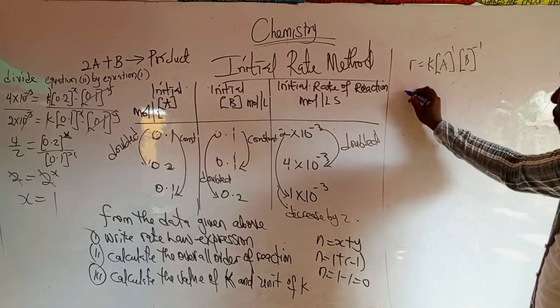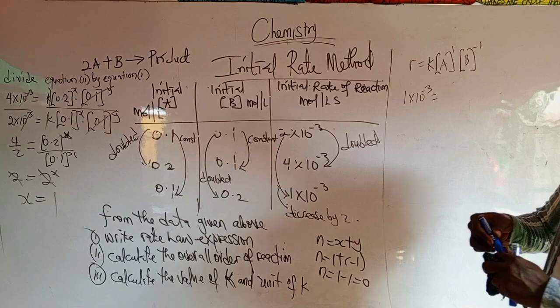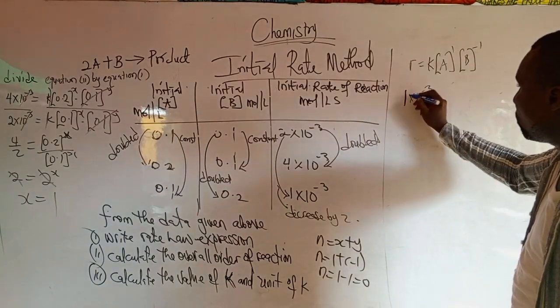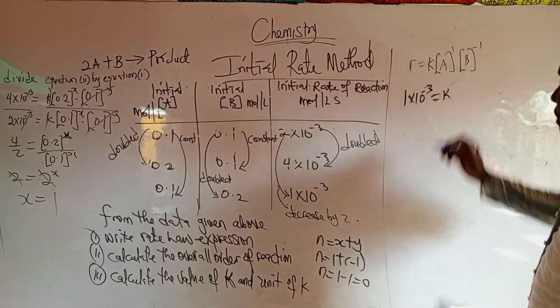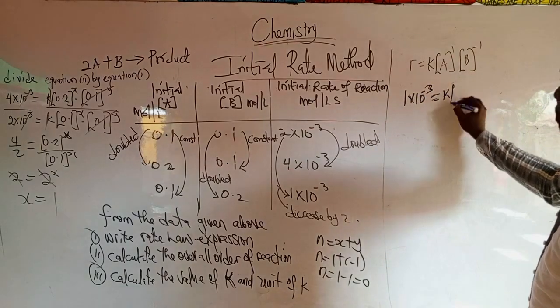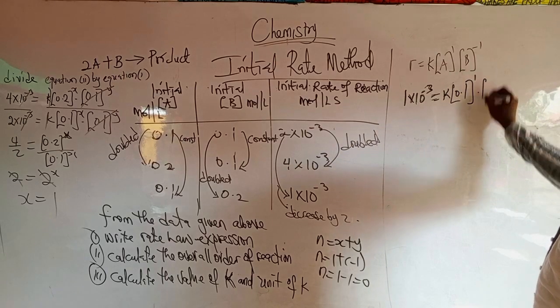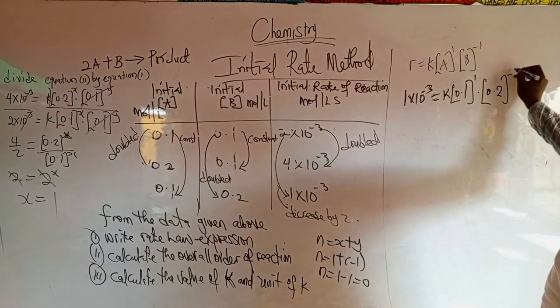What is R? 1 times 10 raised to power minus 3 equal to K into the concentration of A for the third experiment, then the concentration of B for the third experiment, 0.2 raised to power minus 1.